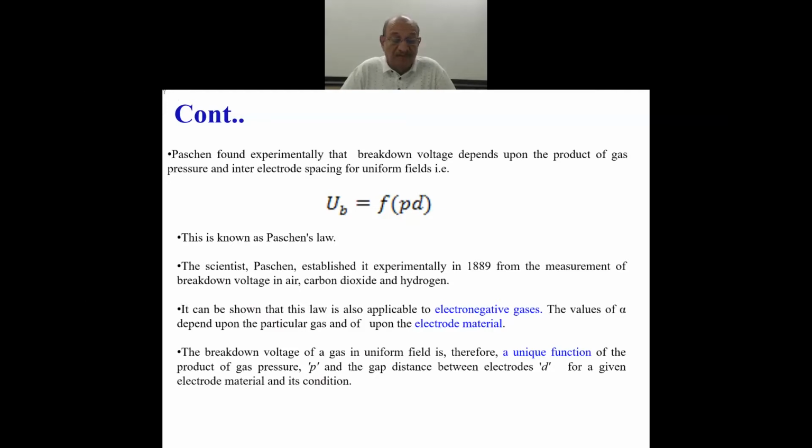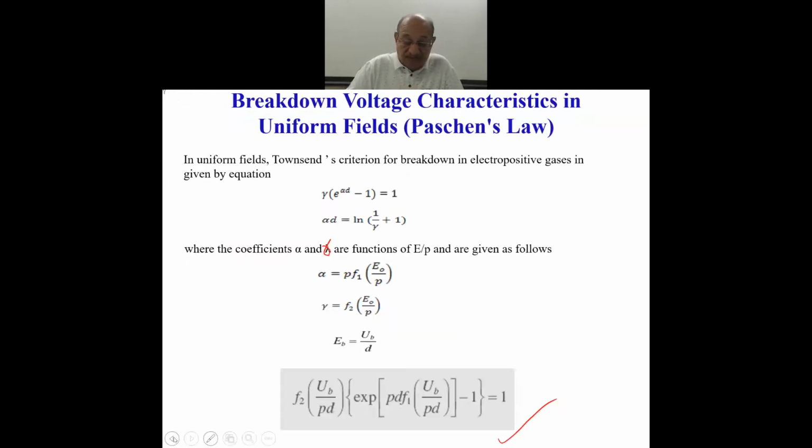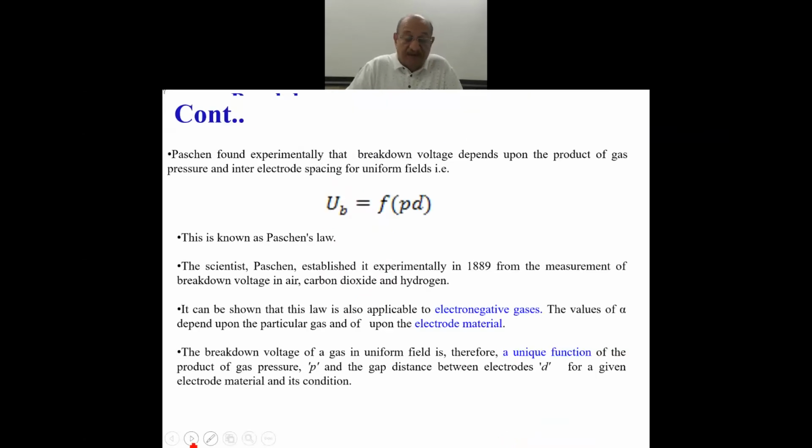So in the equation on the previous slide, you have the pressure, the gap distance, and the breakdown voltage, isn't it? So you can say the breakdown voltage is a function of pressure and the gap distance between the two electrodes. This is known as Paschen's law.